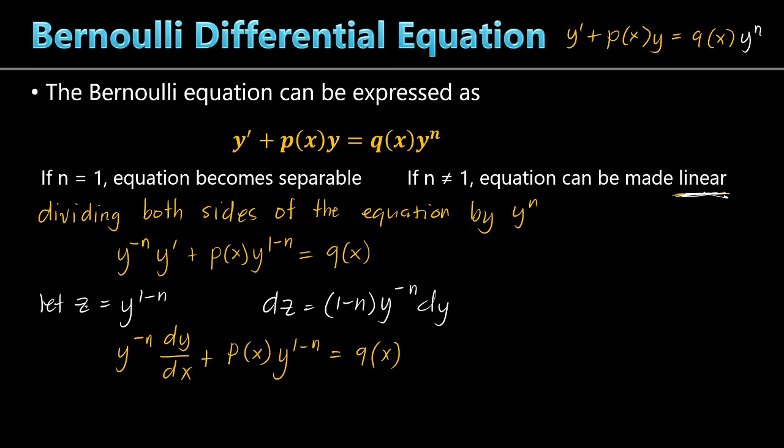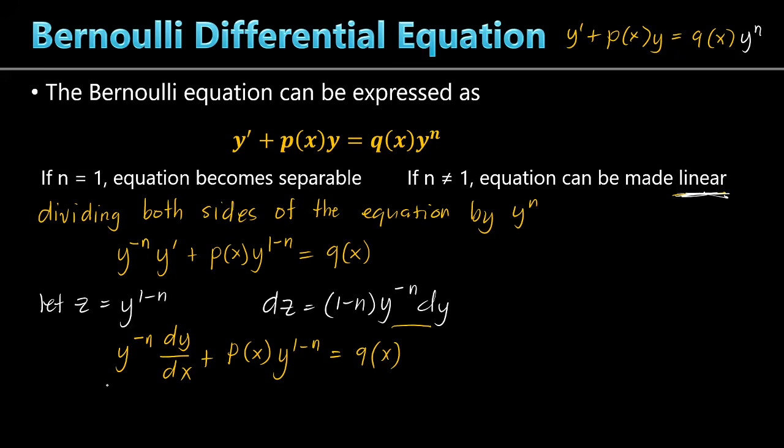And if you also notice here, we have a term y raised to negative n dy, and also here, we have a term y raised to negative n dy, and they are similar terms. Thus, I can replace y raised to negative n dy with dz over this factor 1 minus n. Okay?